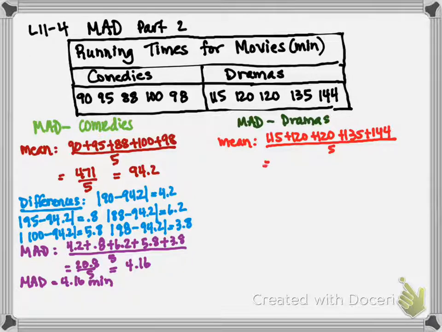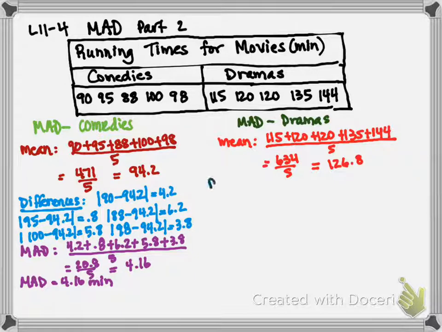Miracle of a calculator, we get 634 divided by 5, and that simplifies down to 126.8. Okay, here comes the ugly bit.